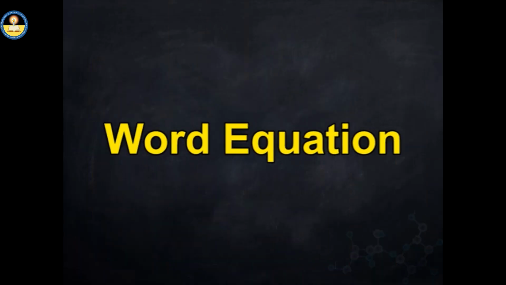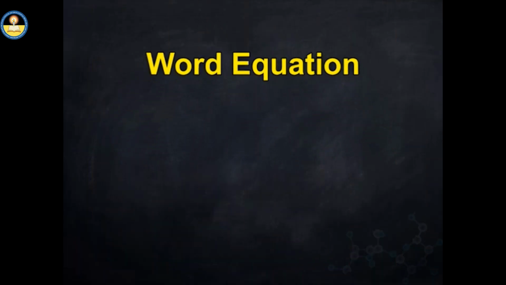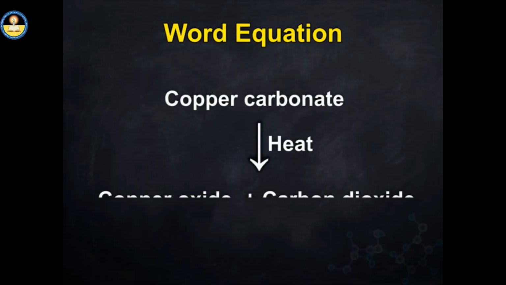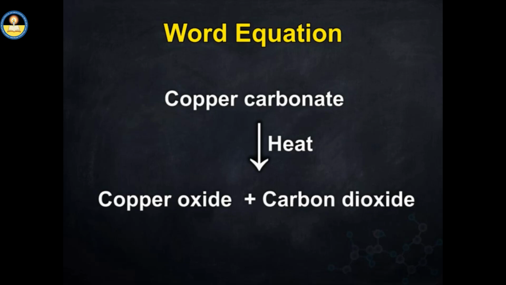Let us write the word equation for it. When copper carbonate is heated, it decomposes into copper oxide and carbon dioxide. The presence of carbon dioxide is detected by the lime water.